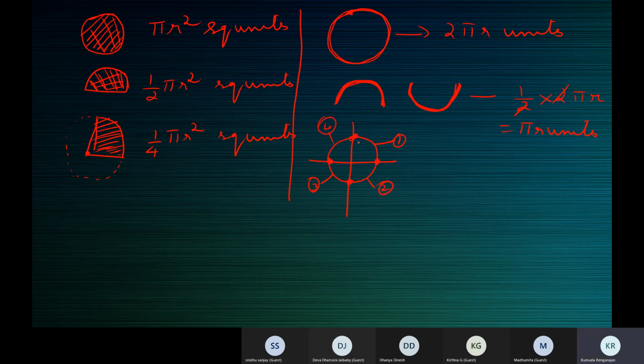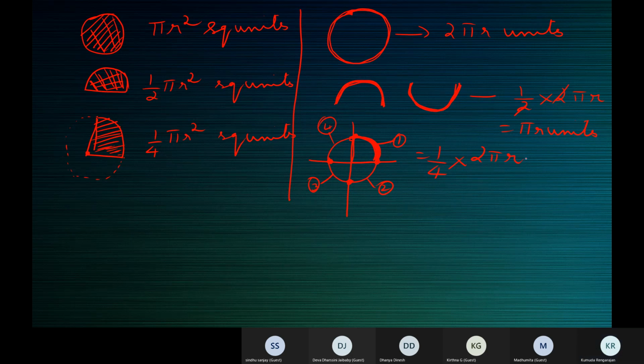Yes, ma'am. I'm talking only about this piece, children, only this arc. This full thing is 2 pi r. So the length of this portion alone will be equal to 1/4 of 2 pi r. Correct?